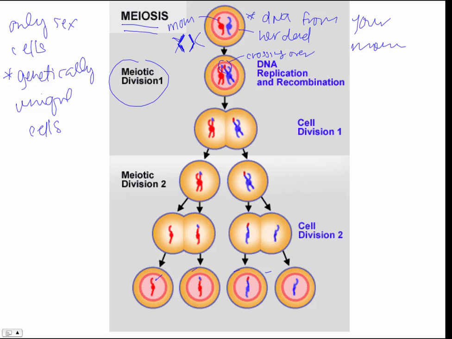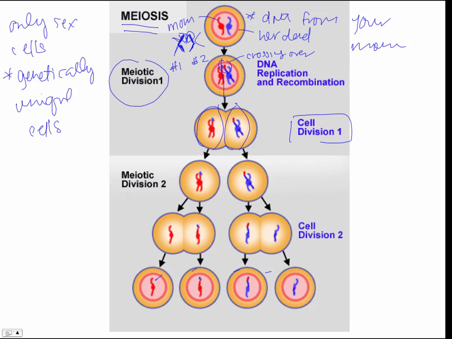So here we have this duplicated chromosome, we'll say number 1, and this is chromosome number 2. As part of meiotic division 1, we're going to duplicate all of this DNA, and we have crossover. So this region over here can cross over with this region over here. From here, we're going to have the first cell division. So in this cell division, we're going to divide these cells in half.